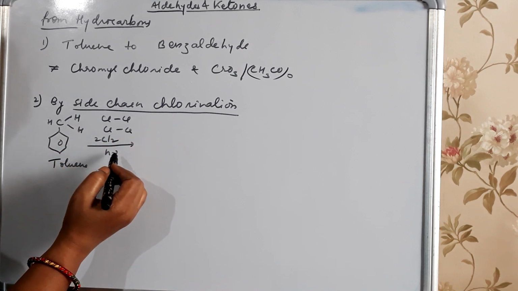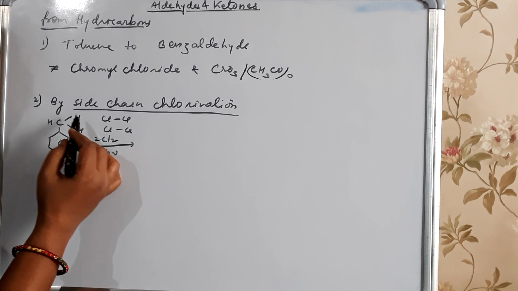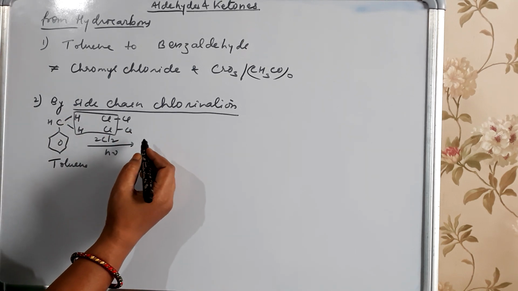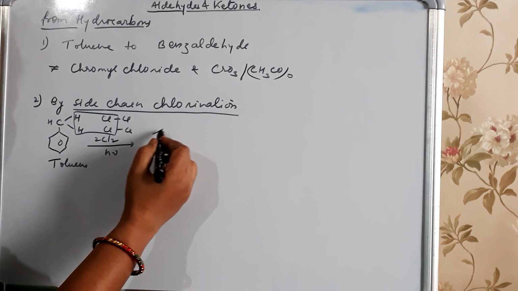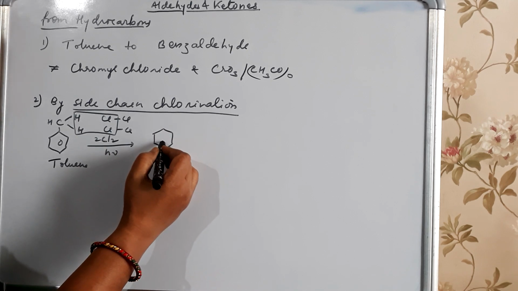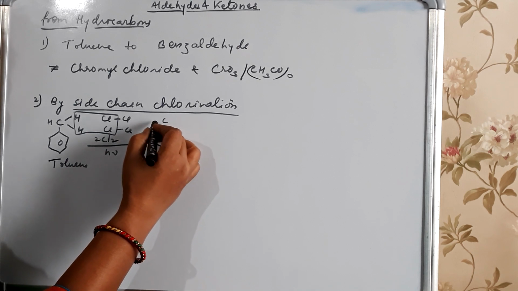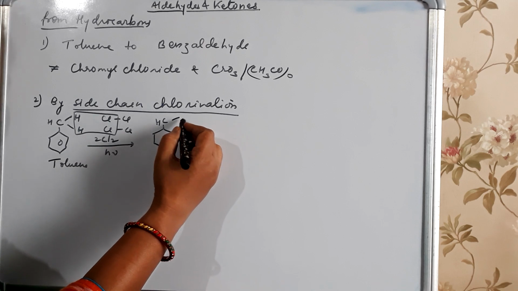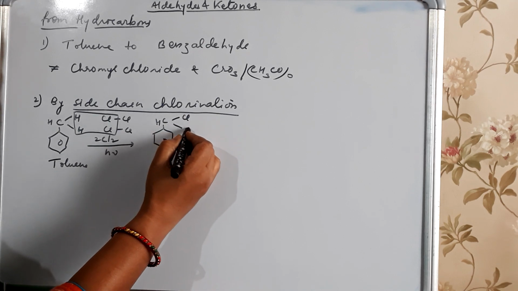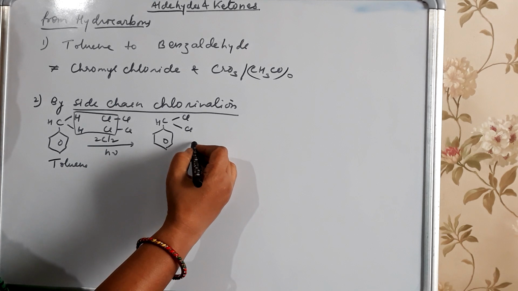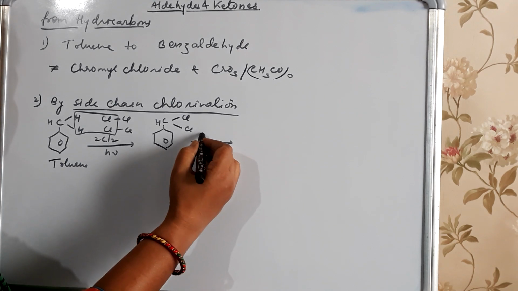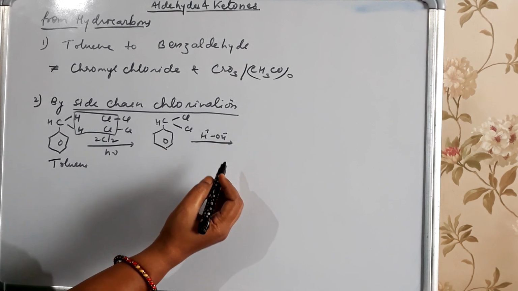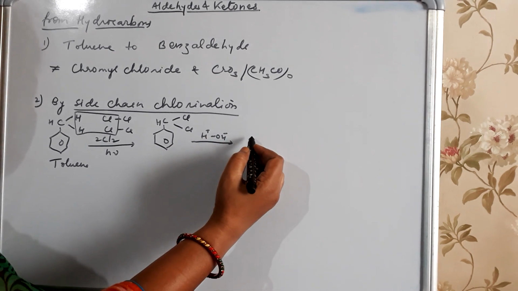So we all know that in the presence of light, homolytic cleavage takes place, and write down the equation: carbon connected to Cl, this to Cl, and this compound undergoes hydrolysis. The formation of benzaldehyde takes place.